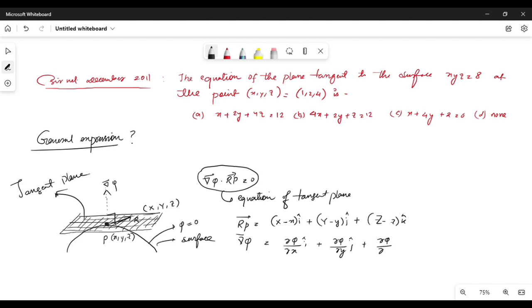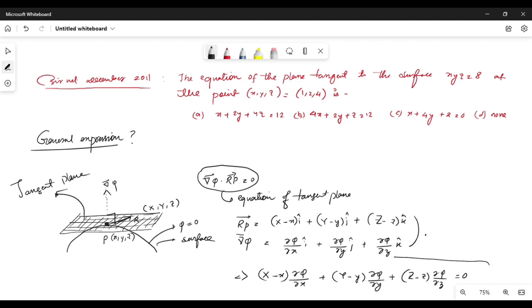Then take the dot product, right? Then you will see that only i, j, and k survive, that is capital X minus small x into del phi by del x plus capital Y minus small y del phi by del y plus capital Z minus small z del phi by del z, and it is equal to 0, right? So this is the equation of the tangent plane. This is a general expression, and this is a very common type of question, so you should know that this is the tangent plane equation.